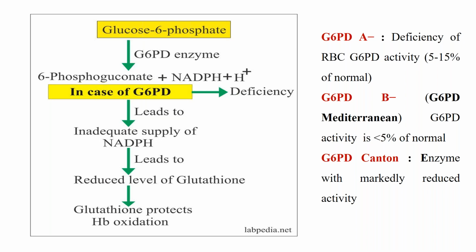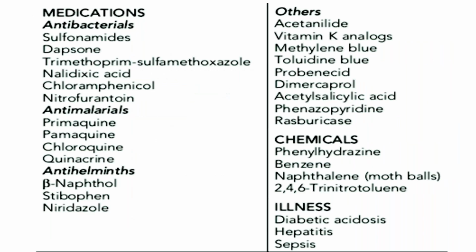So if the deficiency is more, the manifestations are more. So what happens is in those G6PD deficiency patients, we need to give the parents an extensive list of drugs that they need to avoid, and they need to be telling their doctors, so that otherwise any drug when given can lead to acute hemolysis crisis and can be detrimental to the life of the child.